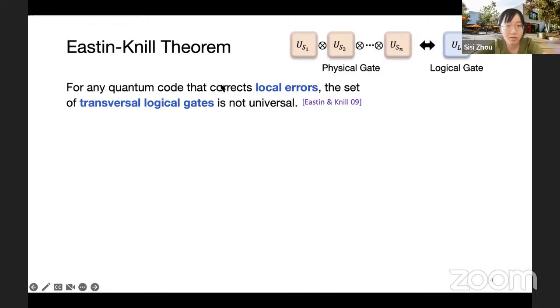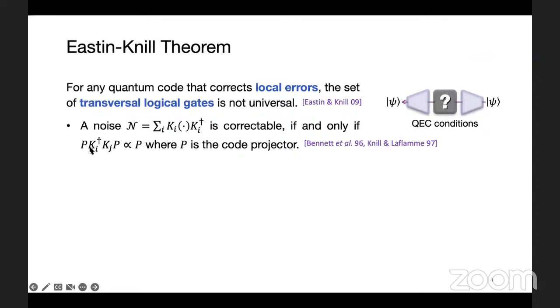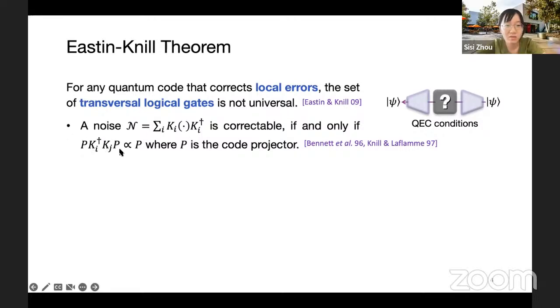In order to prove the Eastin-Knill theorem, we first know that there's this quantum error correction condition, which tells us, given an error correcting code, which type of noise can be corrected. It states that if P is the projector onto the code subspace, then Ki dagger Kj has to act trivially in the code subspace. Here Ki is basically the Kraus operator of the noise channel, and i indicates the index for different types of noise.